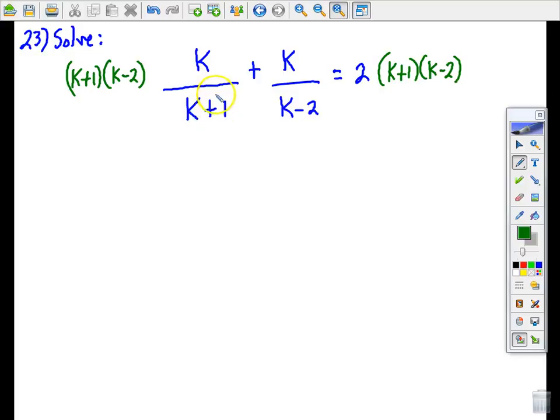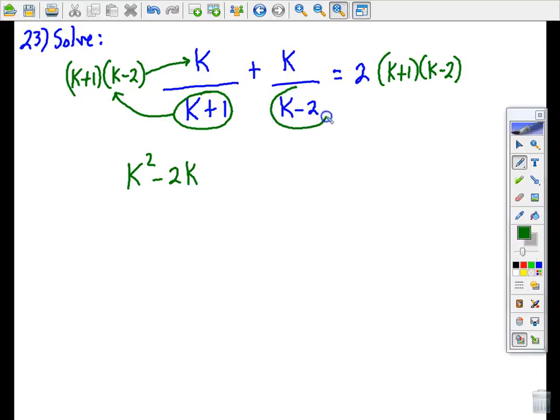All right, so I'm going to divide this first denominator into the common, and you'll notice that these would cancel. And the part that doesn't cancel will multiply times k. So k minus 2 times k is k squared minus 2k. All right, let's keep on doing that same thing.